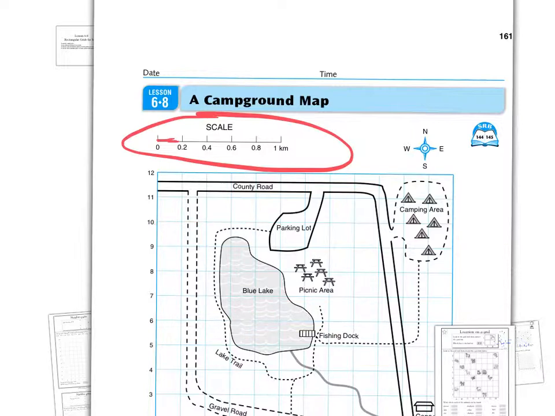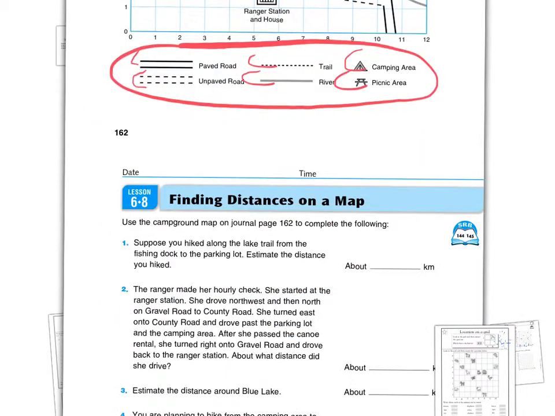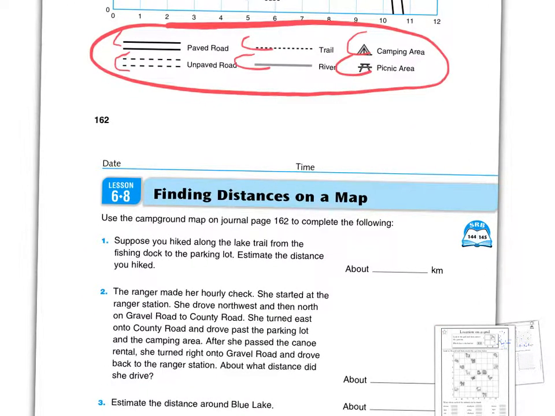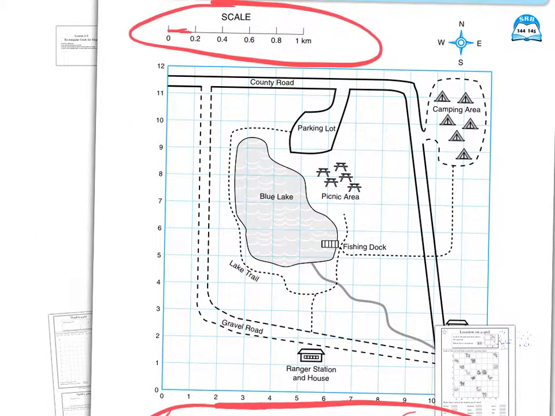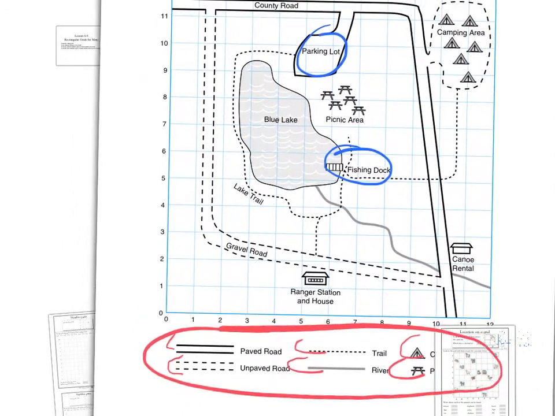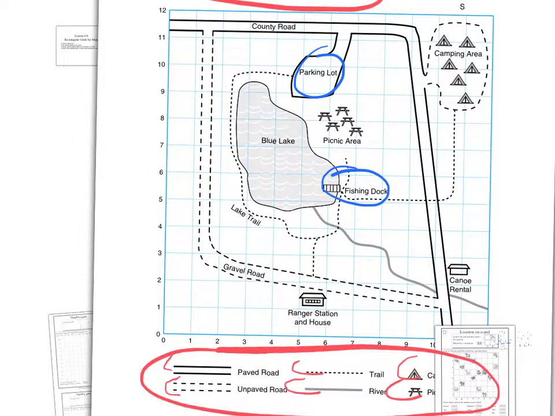So I want you to take a look at the questions. Suppose you hiked along the lake trail from the fishing dock to the parking lot. Estimate the distance you hiked. Here's the fishing dock. Here's the parking lot. It says the lake trail, so you need to find the lake trail. The lake trail is going right along here.